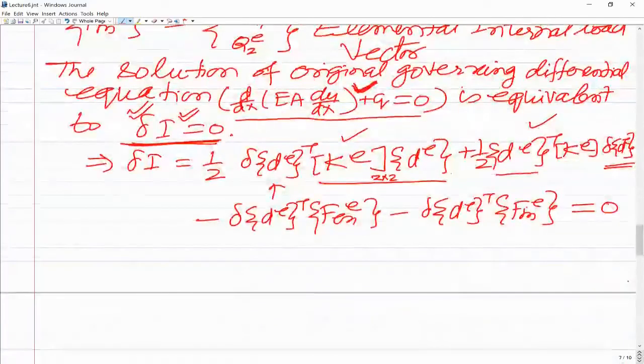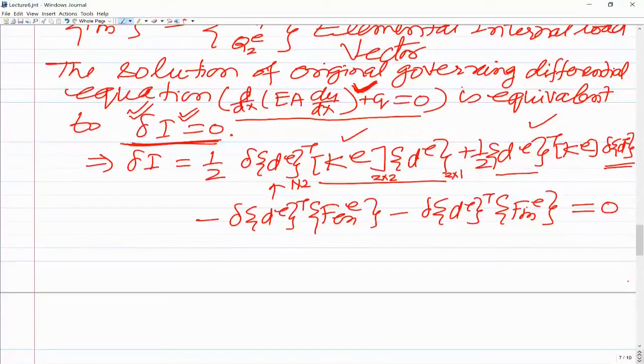D is 2 by 1, and then d transpose will become, because d itself is 2 by 1, its transpose will become 1 by 2. So as a whole, this quantity is a scalar.